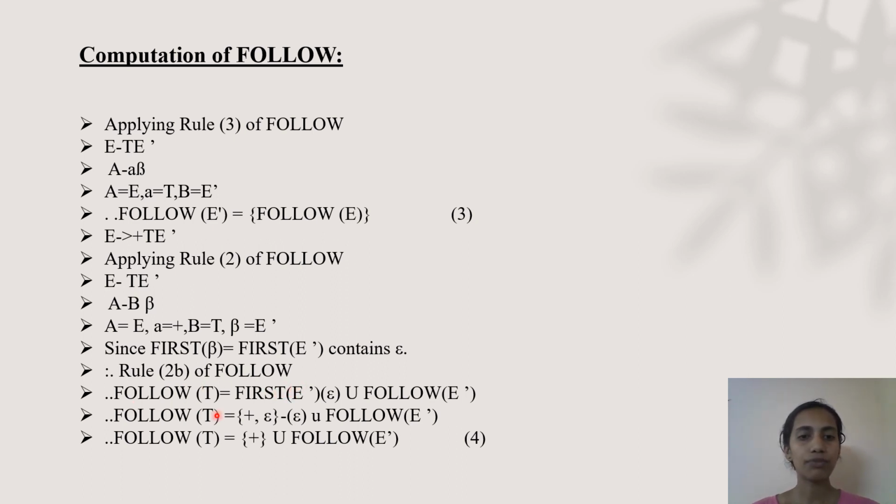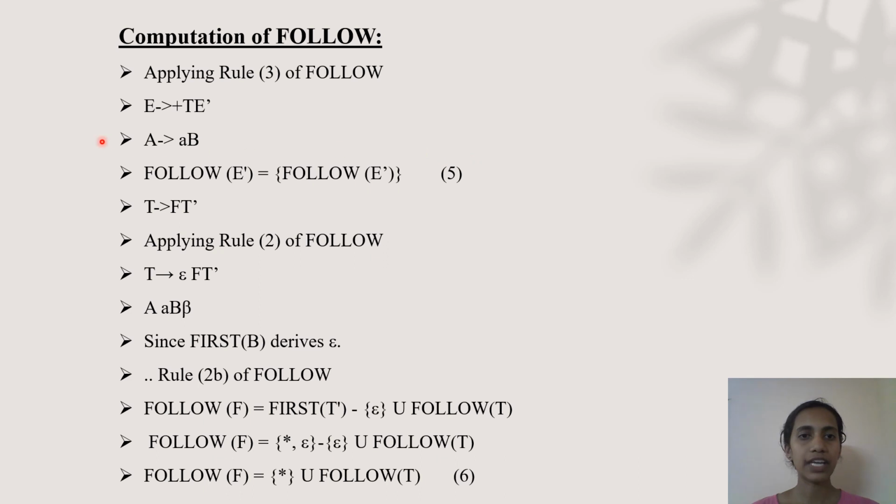Then follow of T is equals to first of E dash comma epsilon union follow of E dash. Then follow of T is equals to plus comma epsilon minus epsilon union follow of E dash, where follow of E dash is plus comma epsilon. Then at the final, follow of T is equals to plus union follow of E dash, which is the fourth equation.